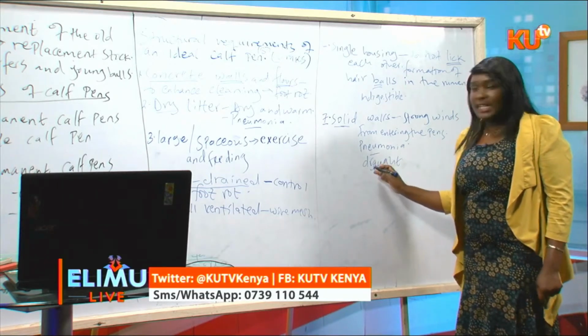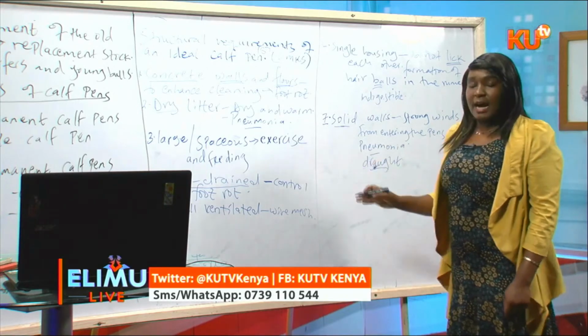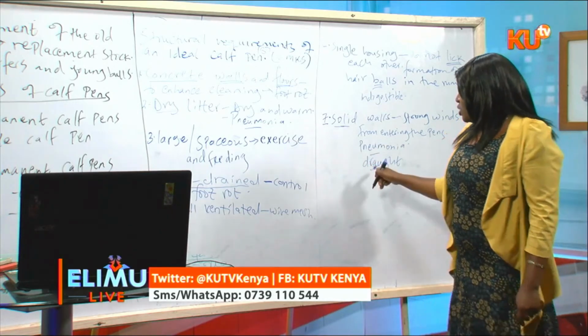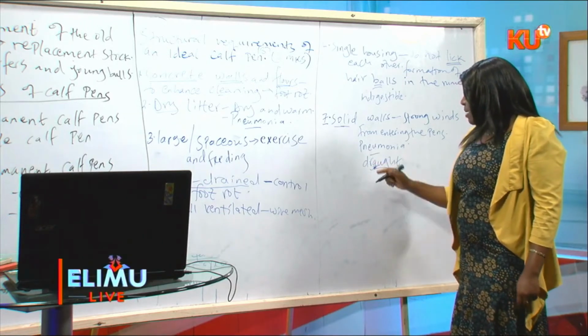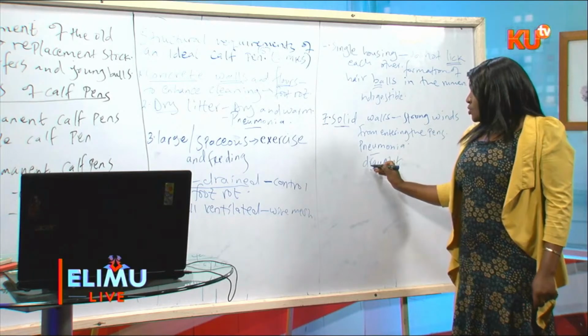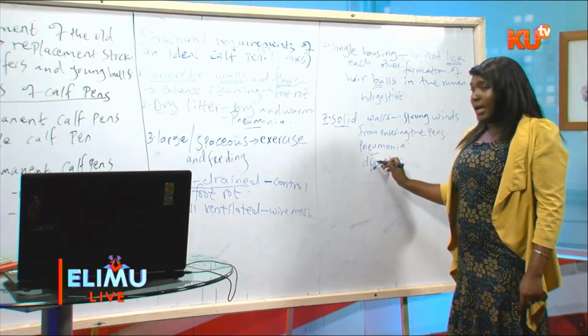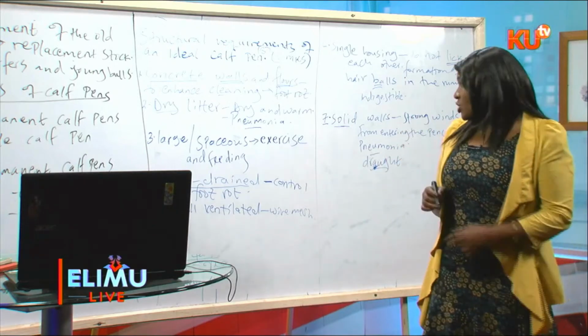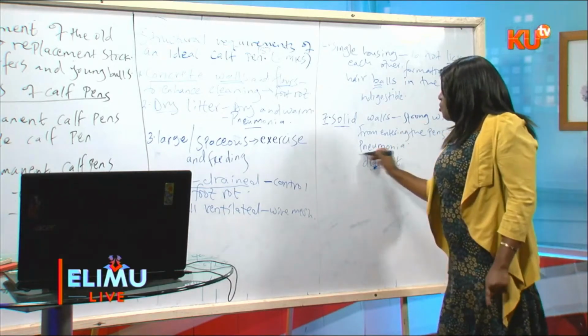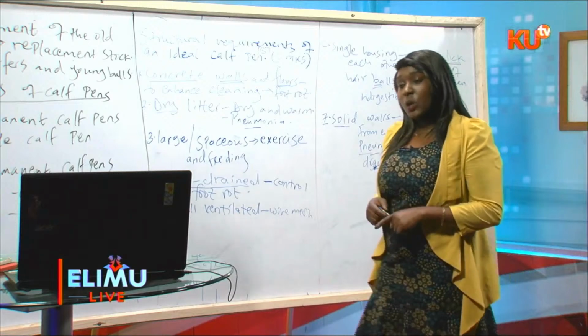Another thing we are a bit keen on in agriculture is the spellings. You need to be keen on these spellings because they can be a problem at some point. So draught is brought about by strong winds coming from one direction that can cause pneumonia in these livestock animals.